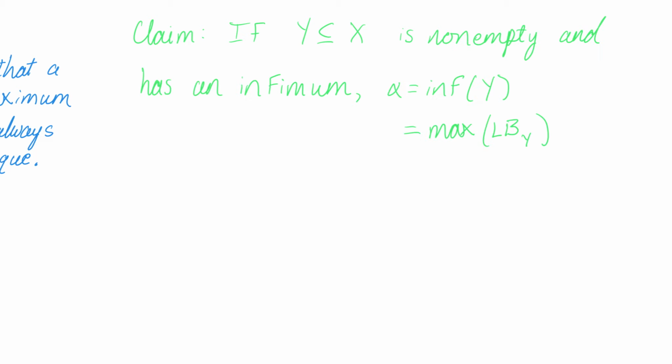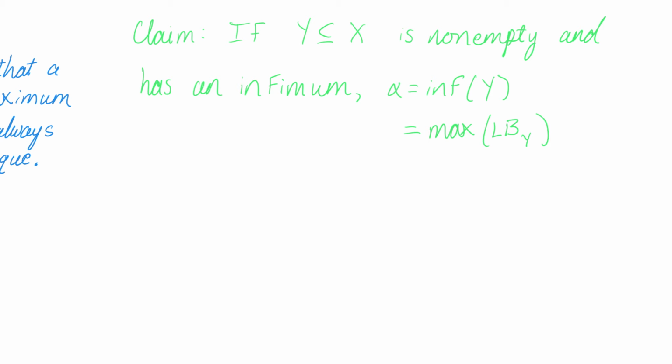Let's go ahead and state the thing that I'd like to prove, which is that whenever a set has an infimum, then the infimum is always unique. We'll call that infimum alpha here.